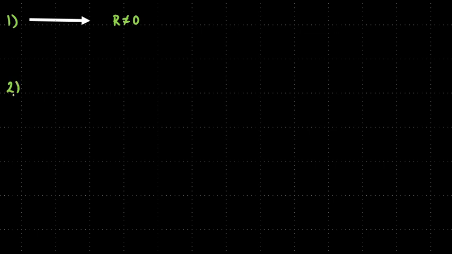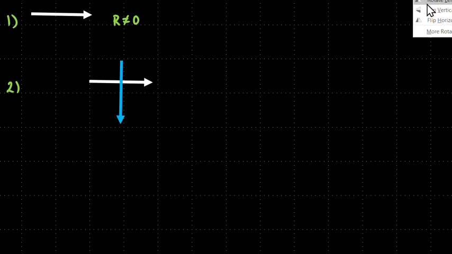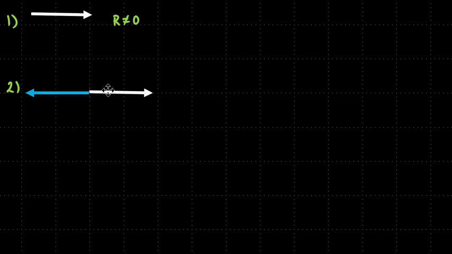Let's say you have two vectors. The first vector can be kept in any way, as long as the second is exactly opposite and the same in magnitude. So let's copy this. This has the same magnitude as the white vector. Let me change the color. If it is rotated and placed like this, it's always going to lead you with zero resultant.